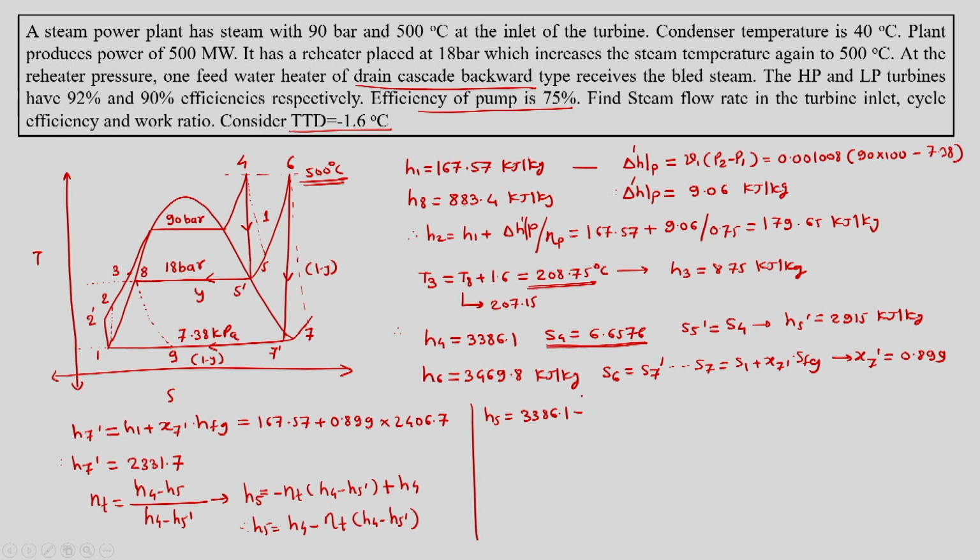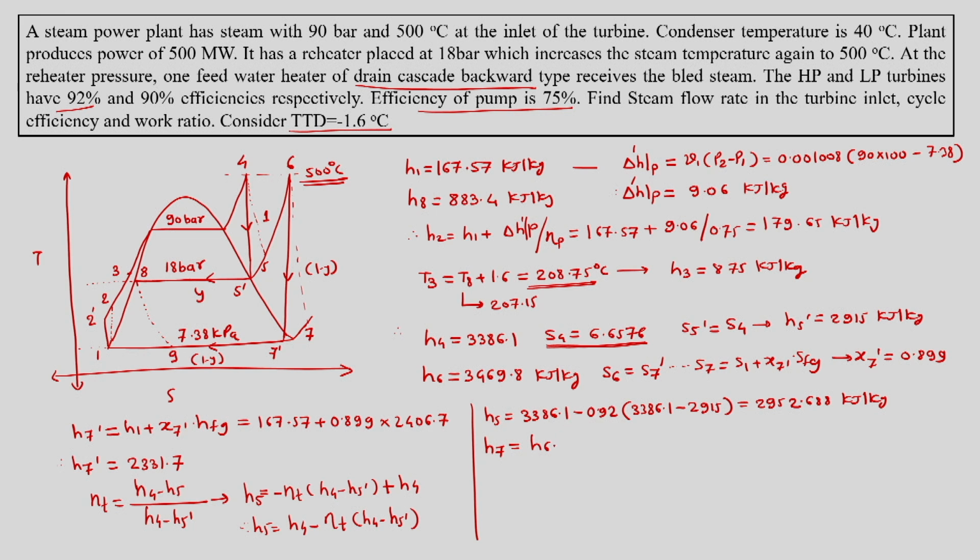This is the high pressure turbine, its efficiency is 92%, so it is 0.92 into 3386.1 minus H5 dash, 2915, and this gives us 2952.688 kilojoule per kg.